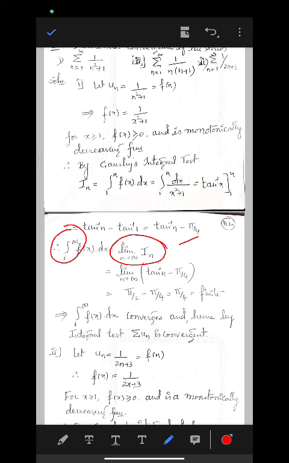The I_n value is tan inverse n minus pi by 4, so put the value of I_n and apply the limit.